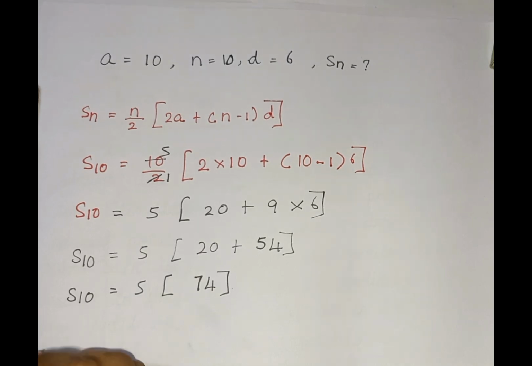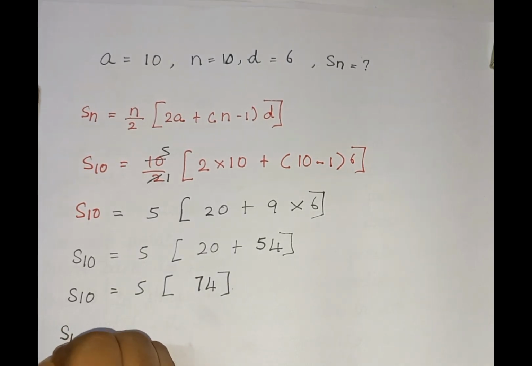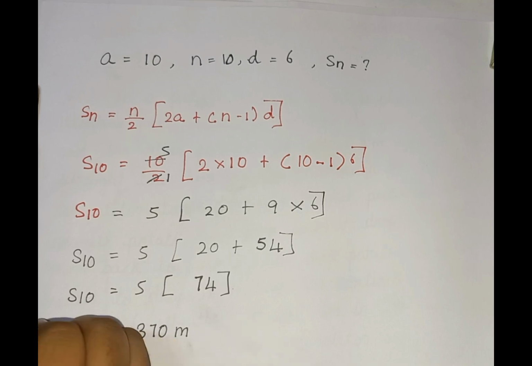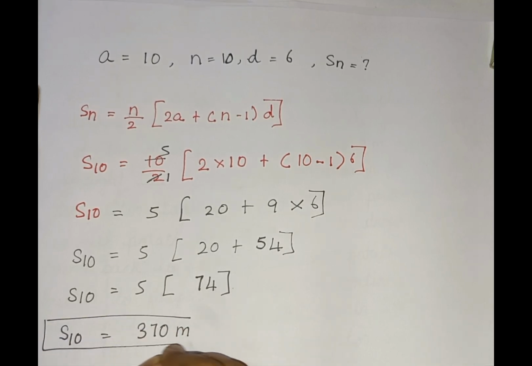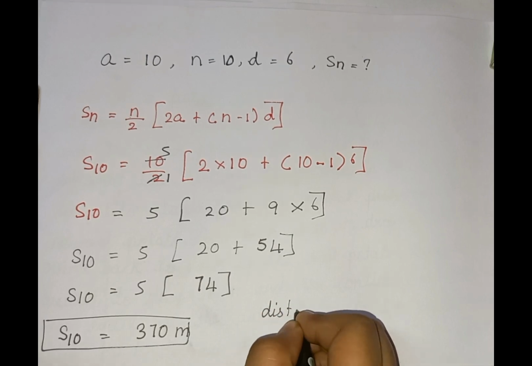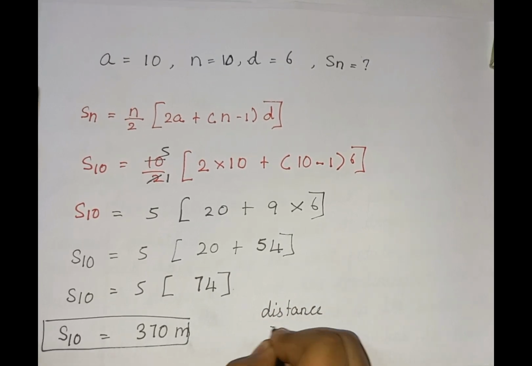So now S10 is equal to 5 into 74, which is 370. So this is going to be your answer. You can write the distance is equal to 370 meters.